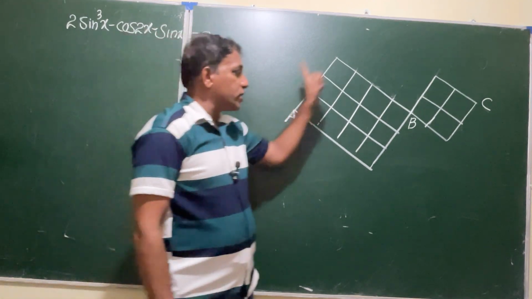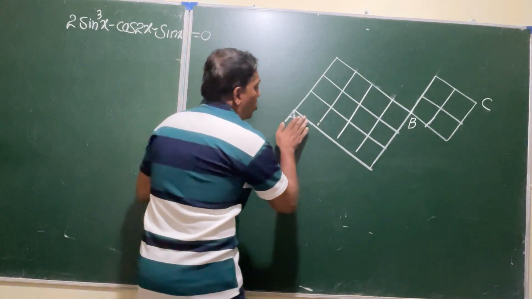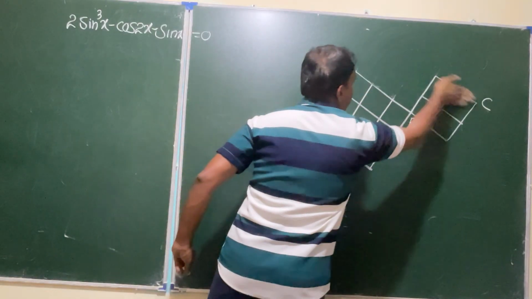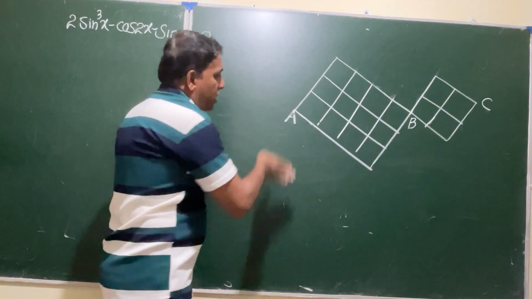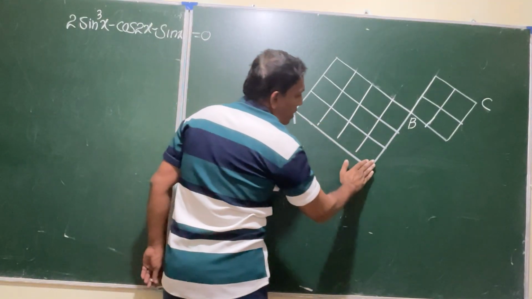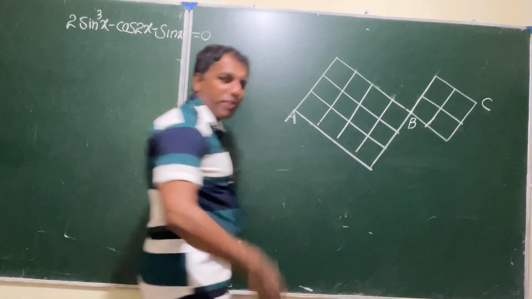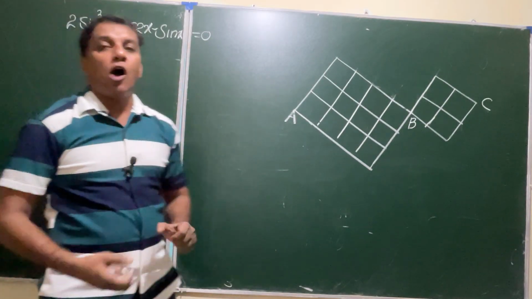To go A to C, if I show one path, go along this grid and come here. Or if you come like this, go through B and come and go. So many paths, right? Totally how many?